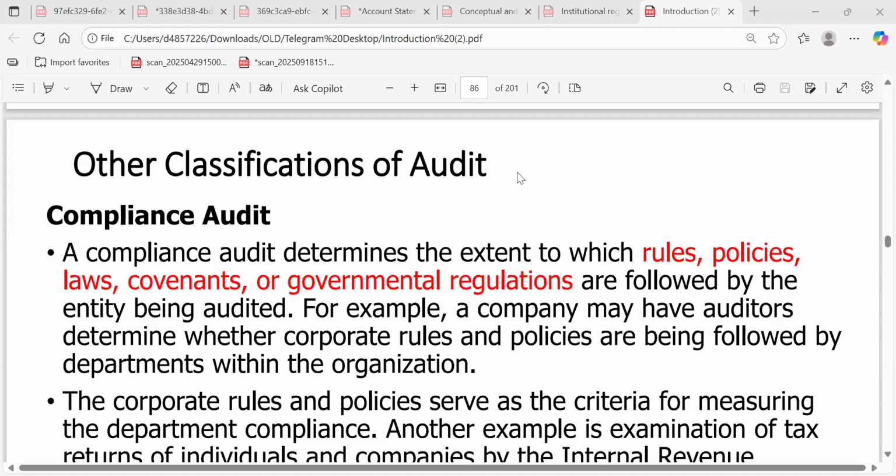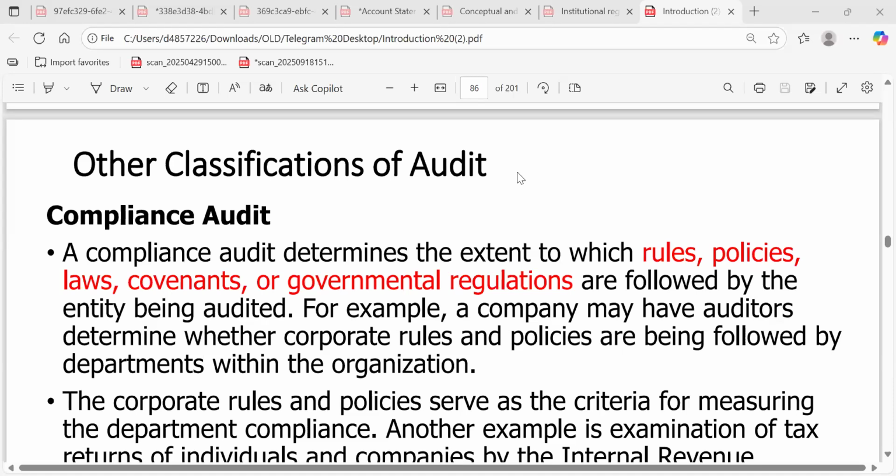And based on those procedures, an entity can carry out a compliance audit to check whether the entity in itself has been complying with the provisions that it has in its own procedures. So that is termed as a compliance audit.